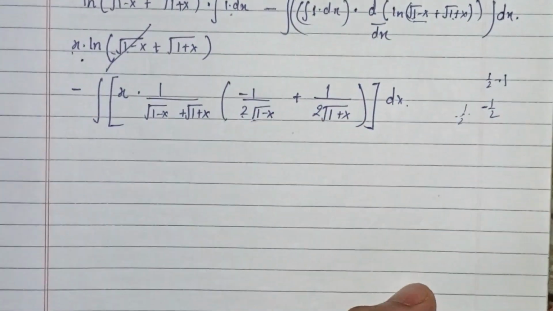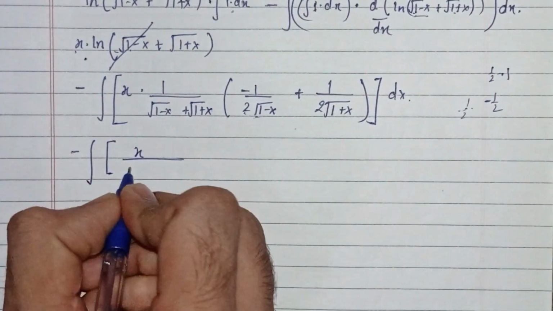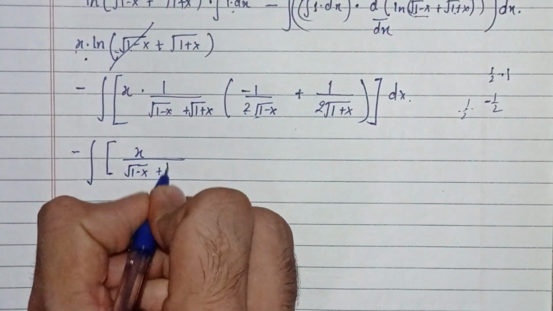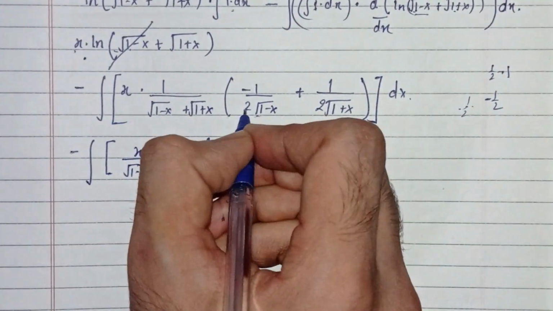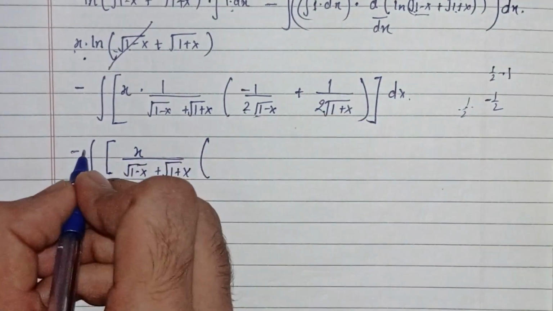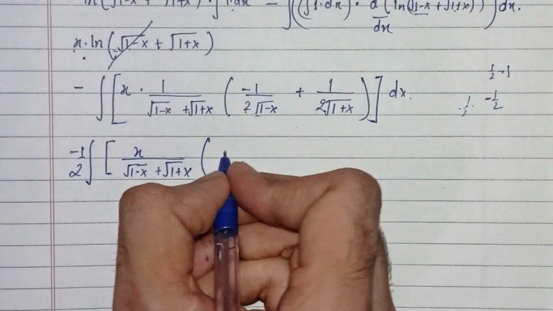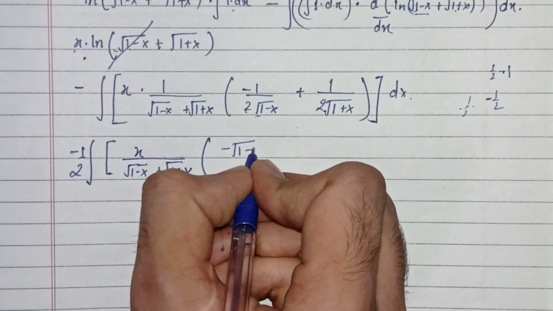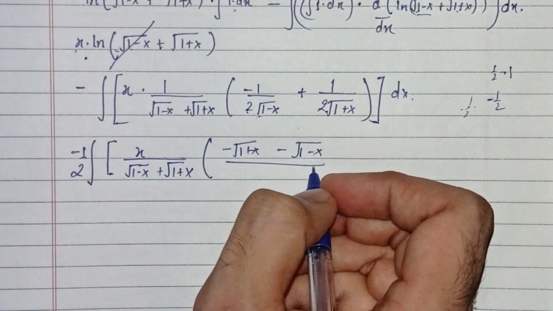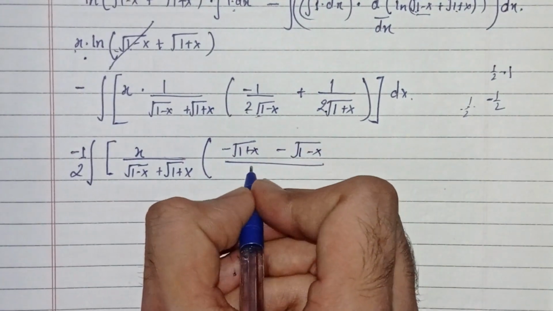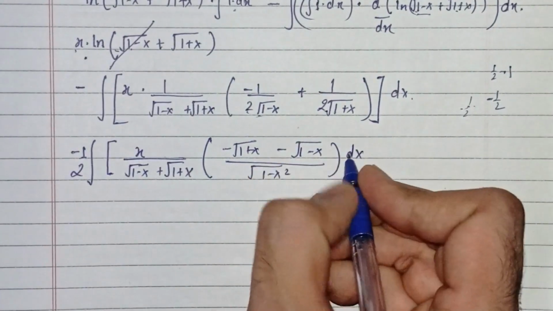So this is the part we need to integrate with respect to x. First of all I will simplify it so it will be easier to integrate: x upon (√(1−x) + √(1+x)), and I will take the common 2 outside, minus 1/2 here, and I just have to multiply by (√(1+x) − √(1−x)) upon √(1−x²) dx.